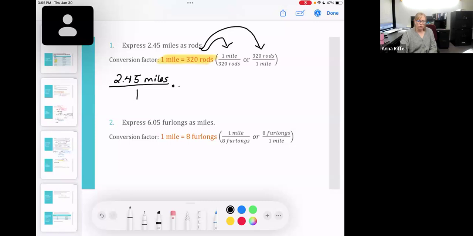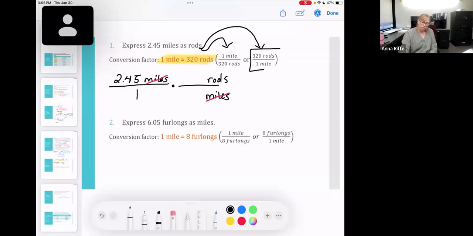And then I want to multiply by the unity fraction that has miles in the denominator, because I want these miles in the numerator of my original amount to cancel with miles in the denominator of my unity fraction. If miles are on bottom of my unity fraction, that means rods are on top.